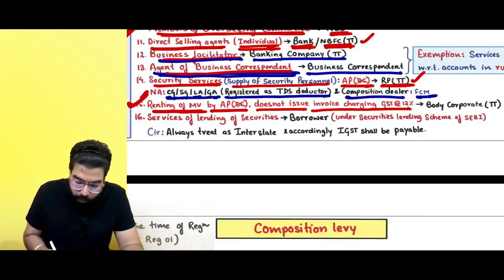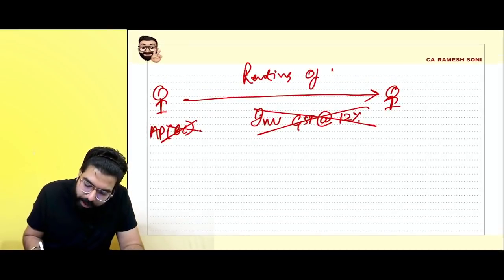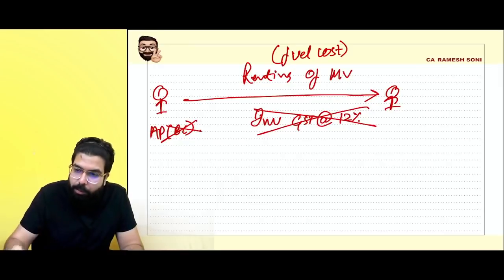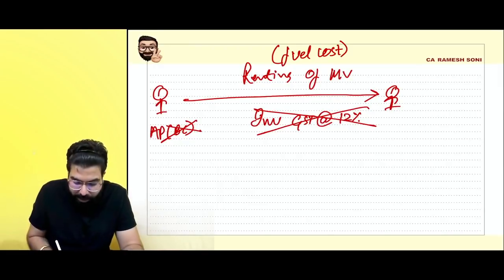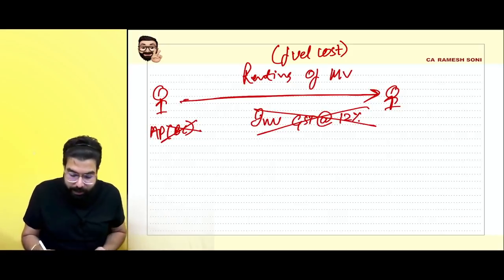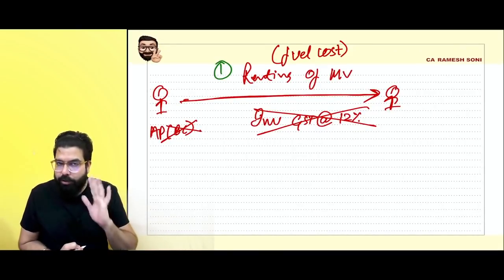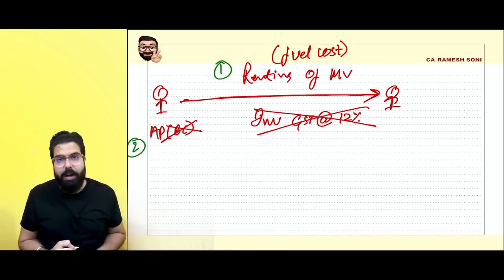Any person who is giving renting of motor vehicle, and here fuel cost is included. Always remember, renting a motor vehicle where fuel cost is included. Number one, renting a motor vehicle where fuel cost is included. Number two, any person other than a body corporate.